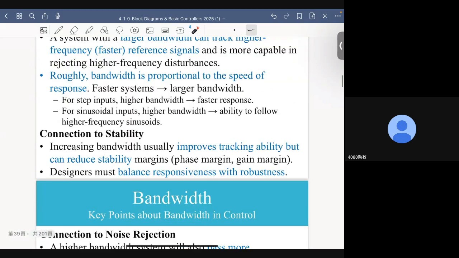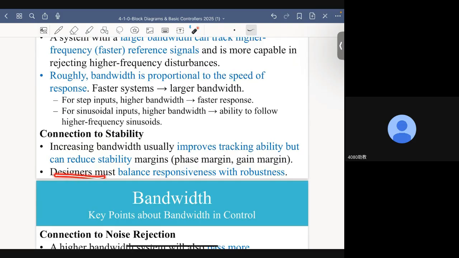Connection to stability: it also has something to do with stability. Increasing bandwidth usually improves tracking ability, but can reduce stability margin. Okay, we have not yet talked about phase and gain margin, but you can certainly understand the faster I operate, the less stable I am. So speed and stability are usually something we need to balance.